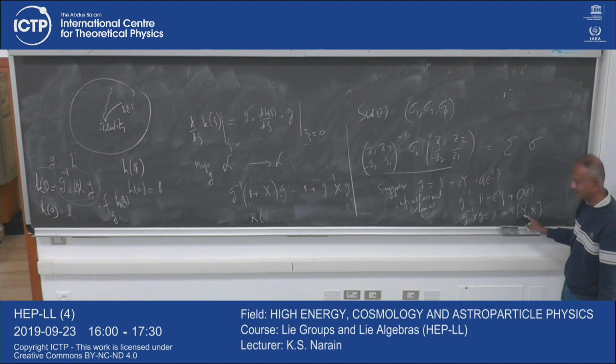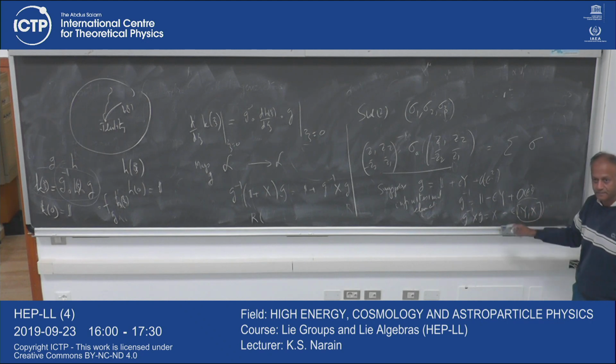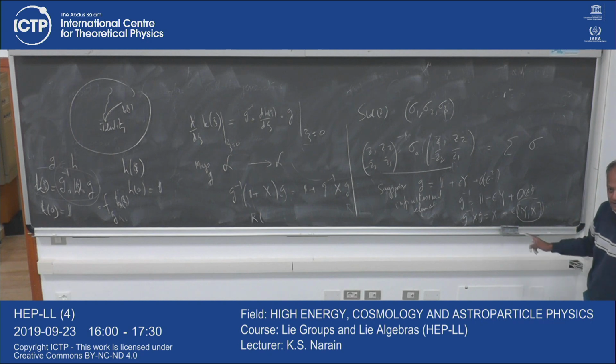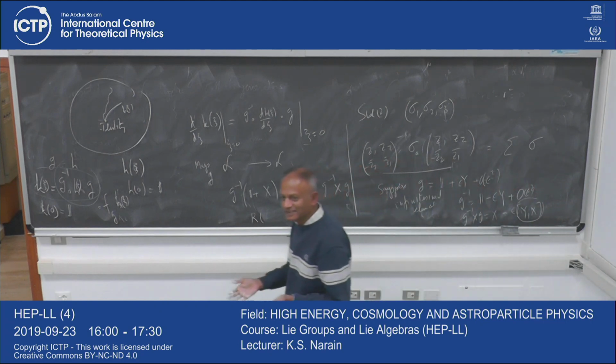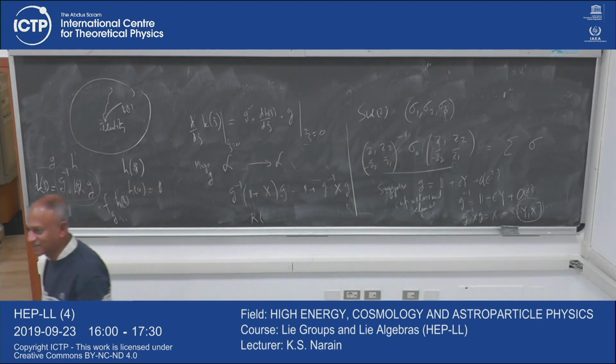You get this. So the change in x is given by, to first order, the commutator yx. So the adjoint representation is simply given by the commutation relation itself. That's why you don't need any other structure. Just the commutator itself defines a representation for you.